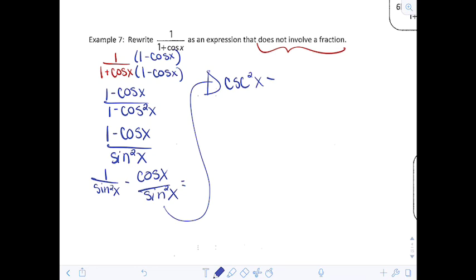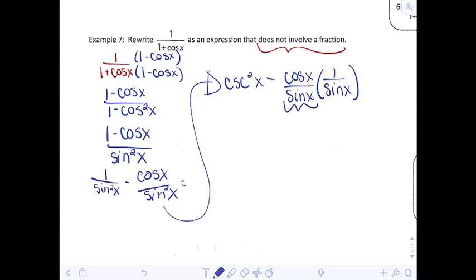So again, you've got to be thinking outside of the box. Cosine of x over sine squared, I can split this up one more time. I can say that that is cosine of x over sine of x times 1 over sine of x, right? Using those math rules, using the things that I know to be legitimate to break them down.